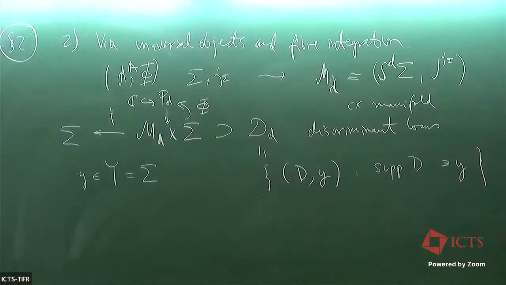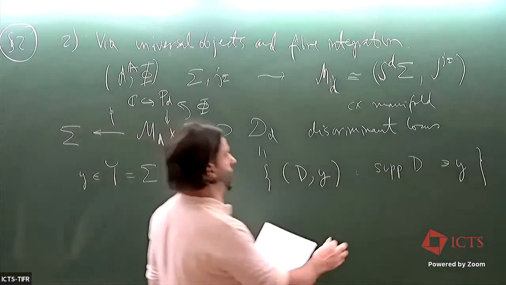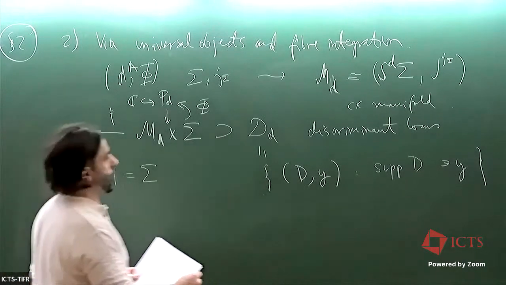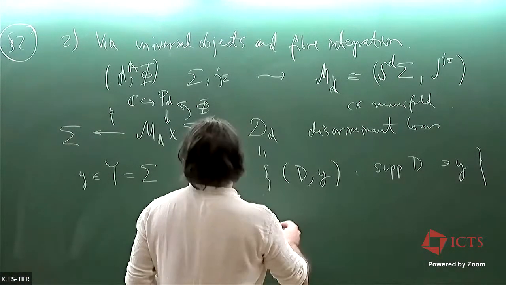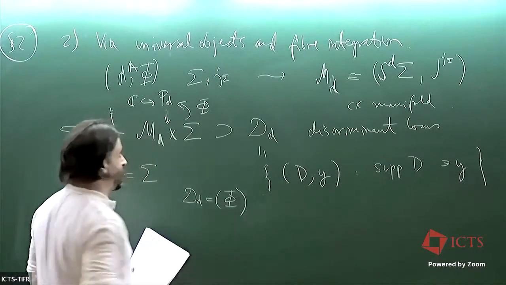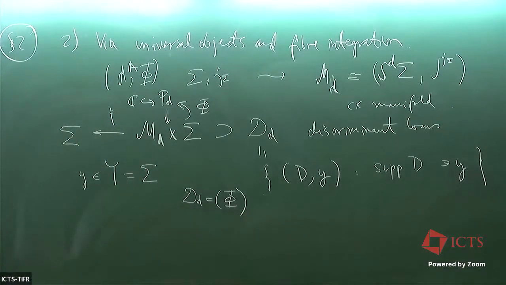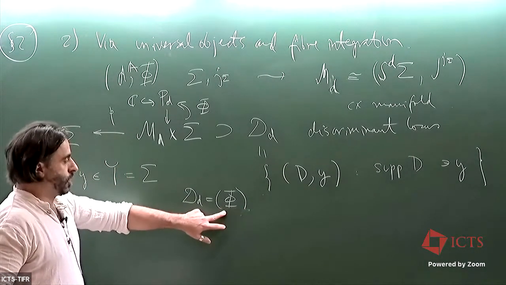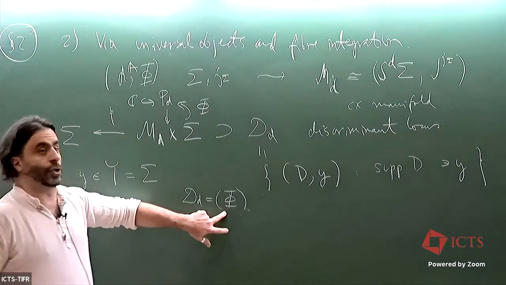Before we get to the section, this discriminant locus or discriminant divisor or universal divisor, I want it to be where this section vanishes.